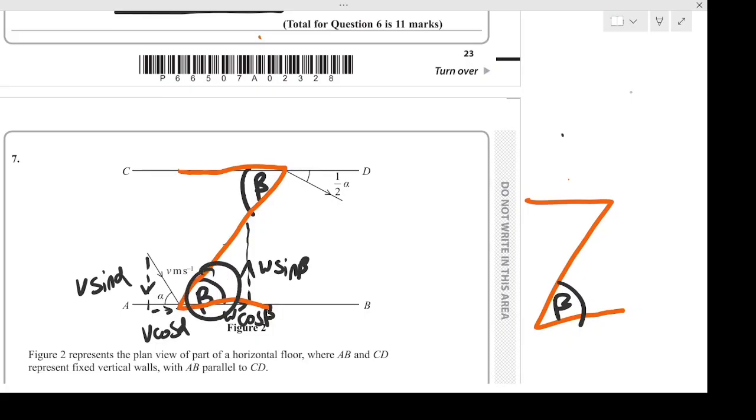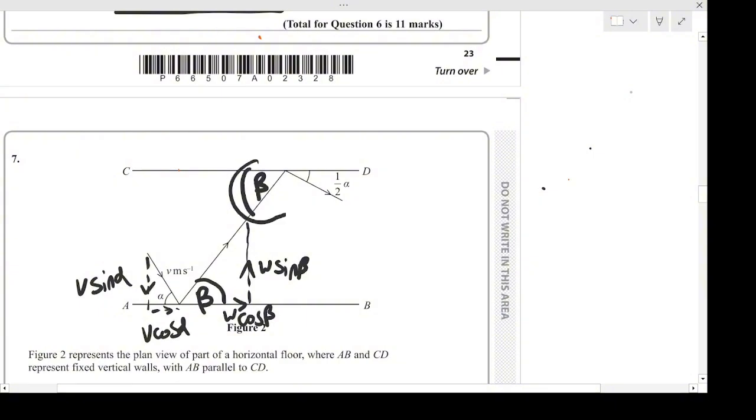We got alternate angles, so this is also beta there. Okay, hopefully you can see that. Again, think back to GCSE with your alternate angles, or like a Z shape like this, your Z angles. So the angle of approach is also beta here, right?